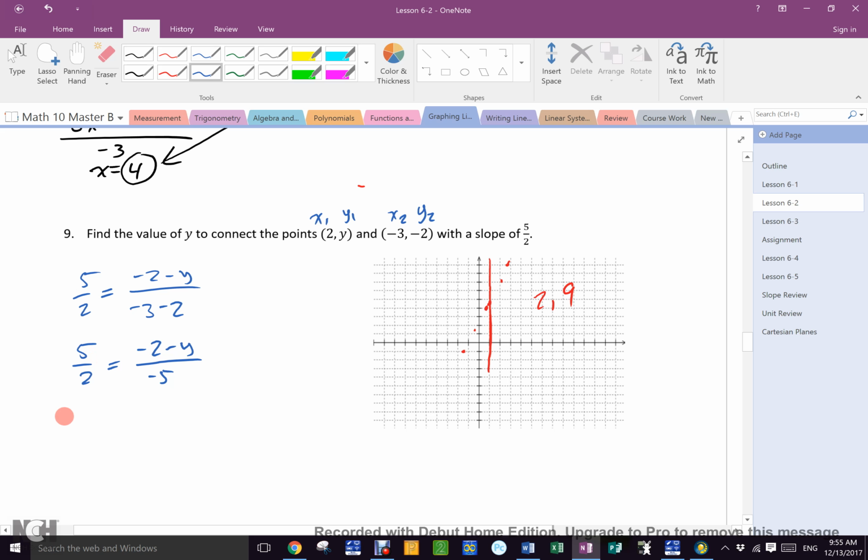Cross multiply. Negative 25 equals negative 4 minus 2y. Right? So what do I do with this? He's already negative, so I add 4 to both sides. I bring him over. Negative 21 equals negative 2y. Divide by negative 2, and y equals positive 10.5.